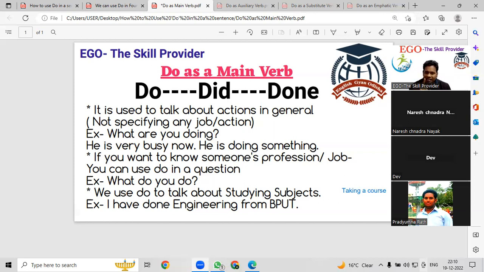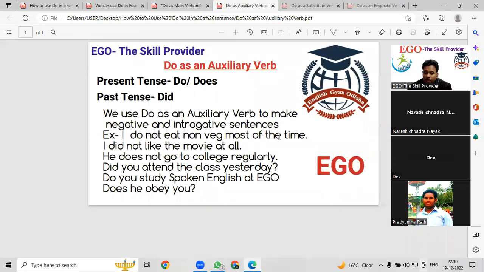So we have seen do as a main verb can be used in three different situations. Right now let me tell you about do as an auxiliary verb, which is quite interesting also. In present tense do and does are used, and in past tense did is used. We use do as an auxiliary verb to make negative and interrogative sentences.